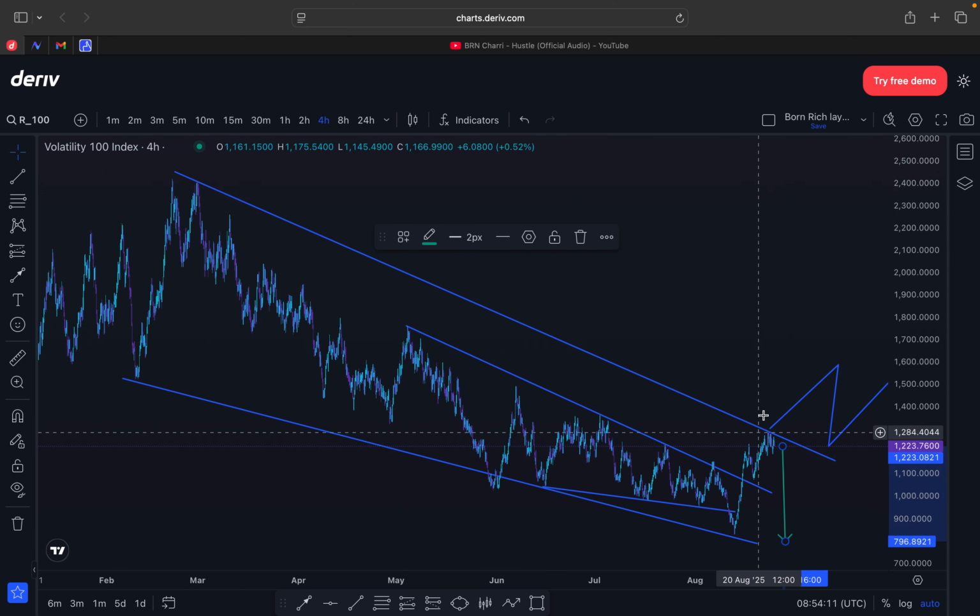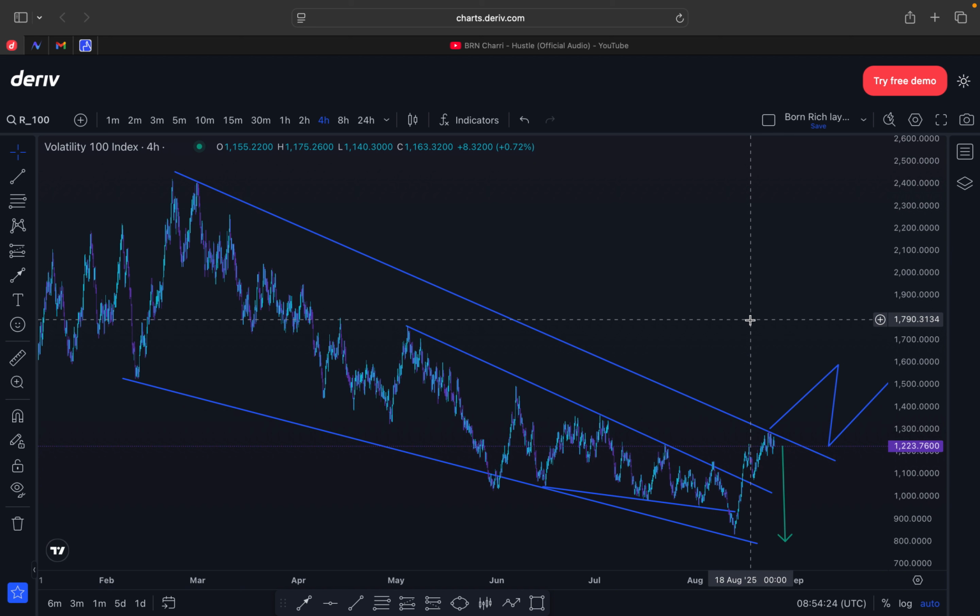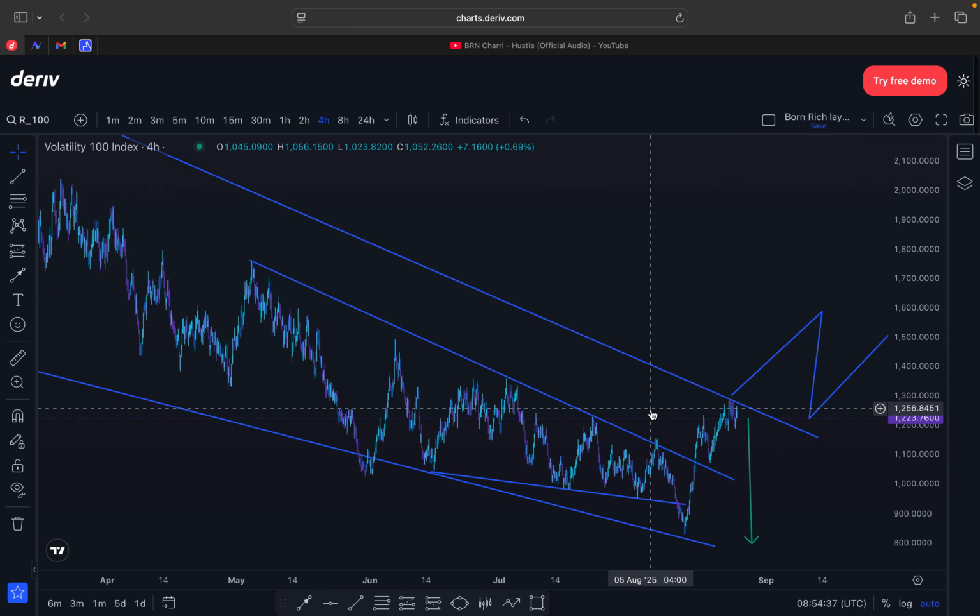But then there's no way to enter a setup unless you have a crazy account size. And I'm literally here for the $1 gang, people that don't really have a lot of money to fund your trading and stuff.